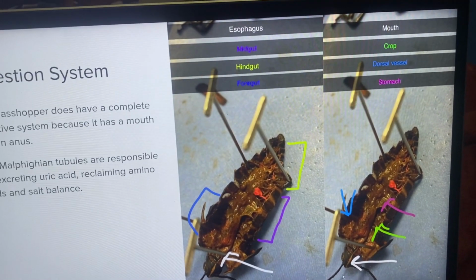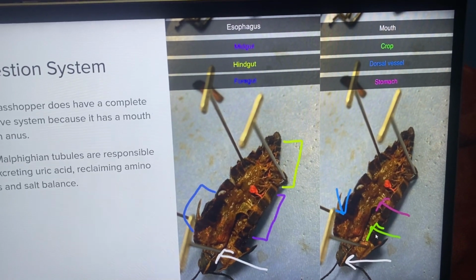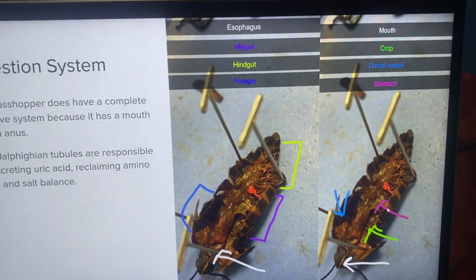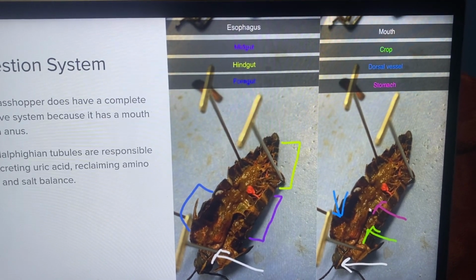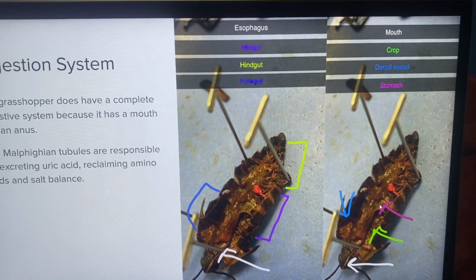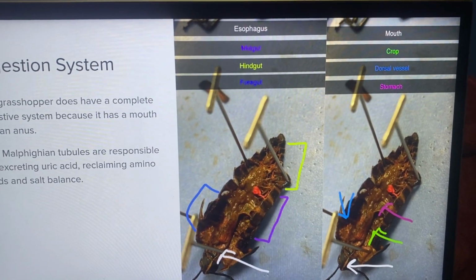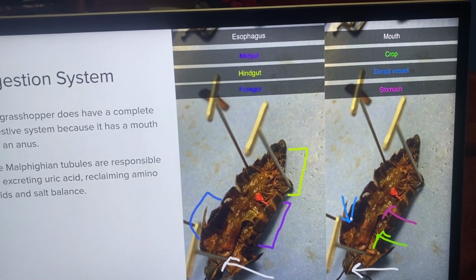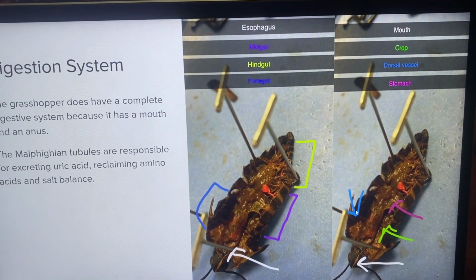We then have the crop, which is a temporary digestive storage. We have the stomach, my apologies, which takes all the food eaten and digests it. We then have the dorsal vessel, which takes oxygen throughout the body and blood.